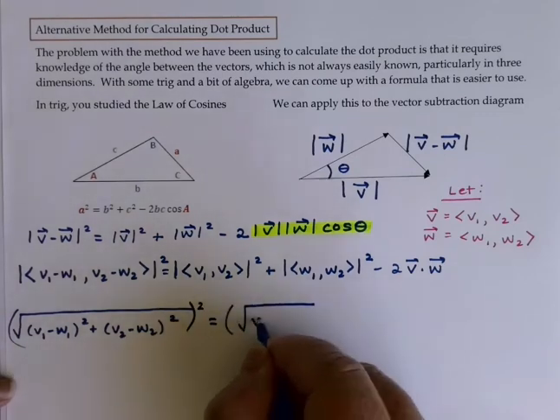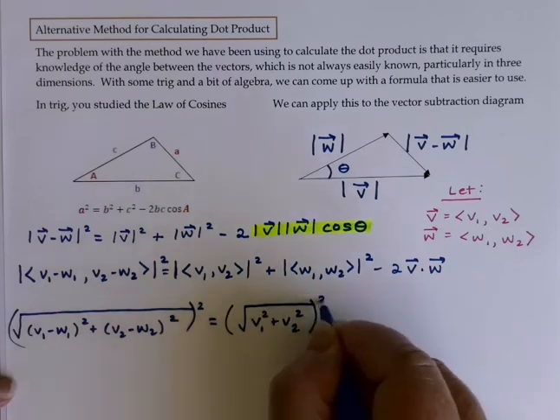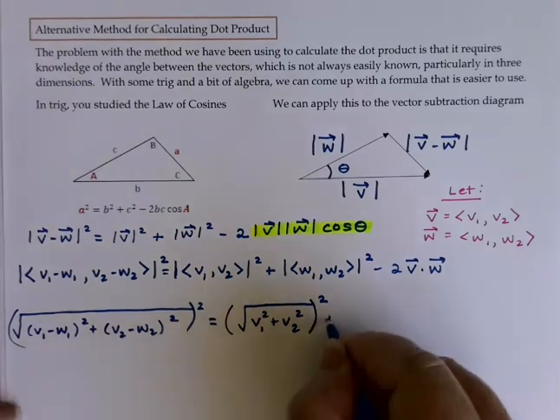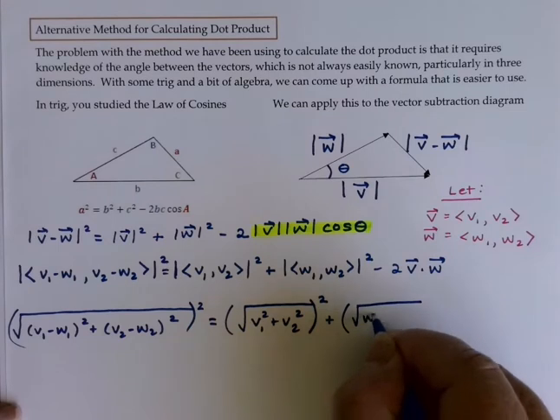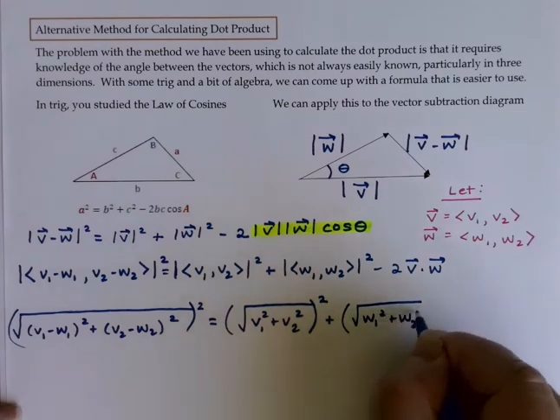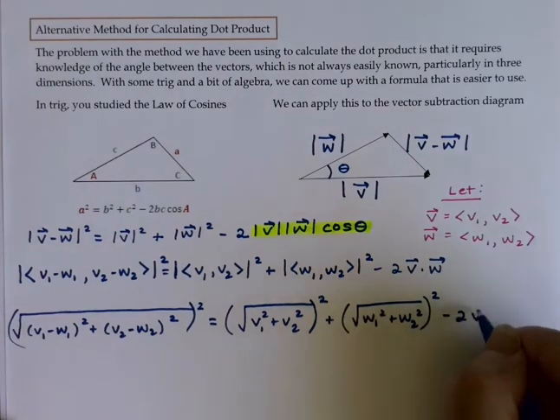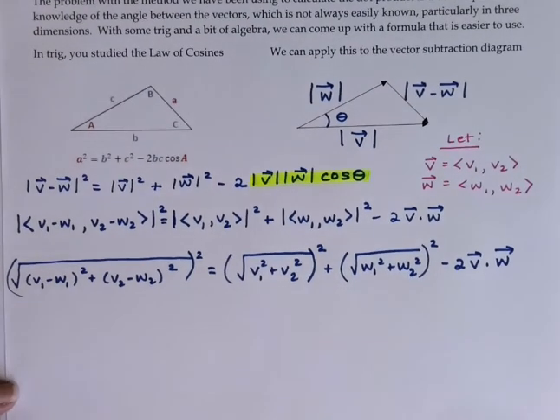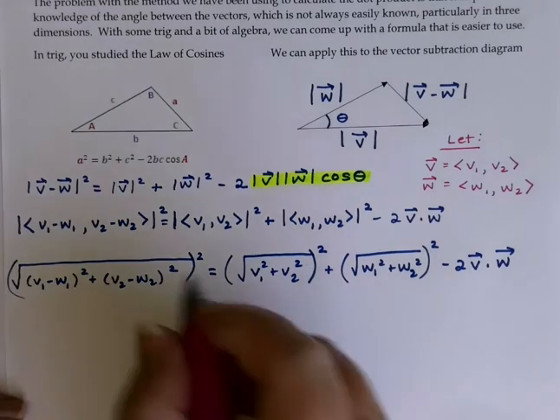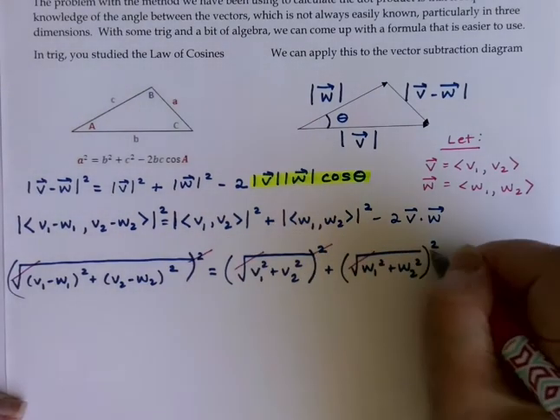This would be the square root of v1 squared plus v2 squared, all squared. And then finally, the square root of w1 squared plus w2 squared, all squared, minus 2v dot w. All right. Clearly we can go ahead and say every square root is getting squared, so I can just ignore those.